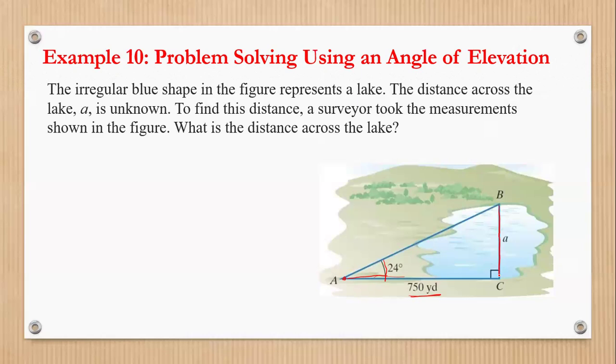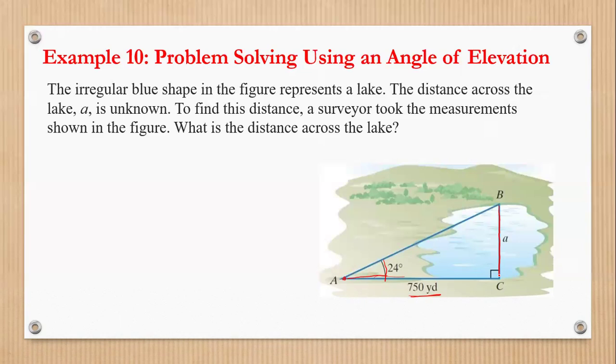Every time you are reading a word problem, always try to draw a picture for yourself. Most of the problems can be solved by having a right triangle. Try to find a right triangle out of the picture that you draw for yourself, which lets you apply all of the properties of the right triangle.